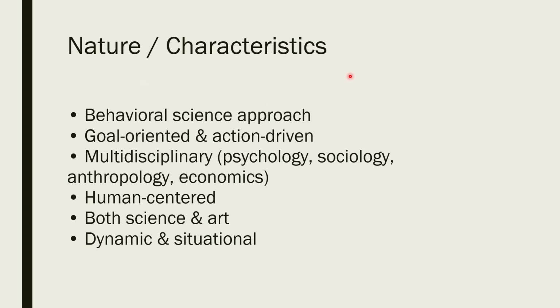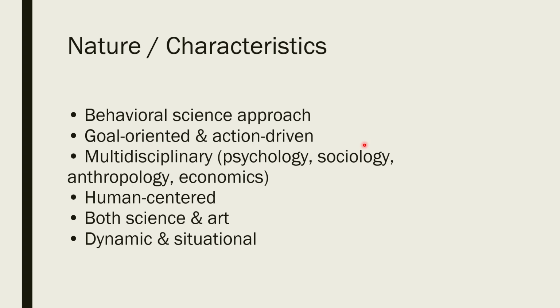Now let's understand the nature and characteristics of OB. We say that OB is a behavioral science. So when we talk about this first characteristic, that it is a scientific approach or a behavioral science approach, we need to understand that it is systematic but adaptable.